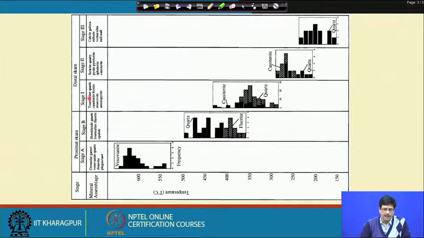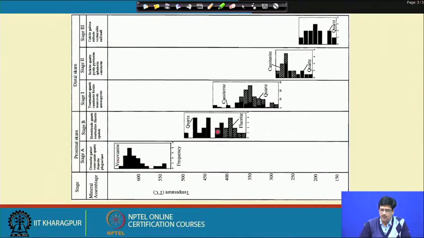We will see the situation is somewhat comparable to the one we discussed in the case of the Mole granite, but here it is a typical skarn deposit, with a proximal skarn and a distal skarn. The proximal skarn is essentially developing a vesuvianite mineralogy, typical skarn mineralogy, and its fluid inclusion characteristics are very high temperature, more than 600 degrees Celsius, and high salinity.